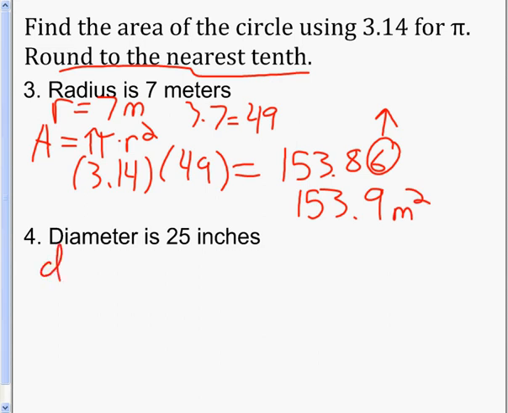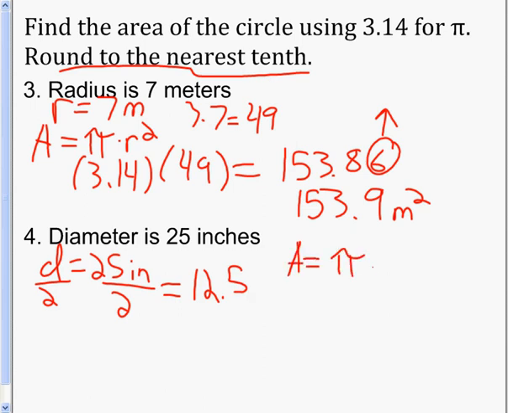Diameter is 25 inches. So we do need to divide both sides by 2. Now going on with 25 halves, we can simplify that into 12.5. So Fuzzy Wuzzy was a bear, area equals pi r squared. And we're going to use 3.14 times 12.5 squared.